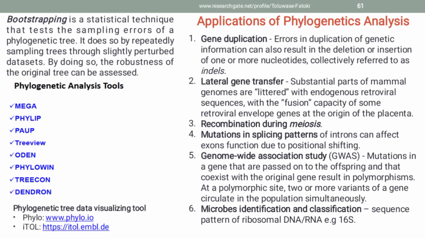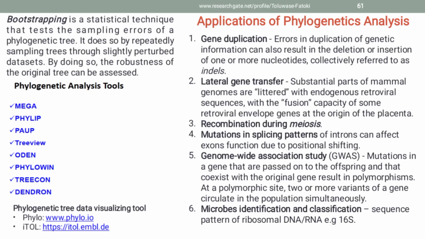Single nucleotide polymorphism is when you have a single nucleotide change in a particular gene, and that can be assessed by genome-wide association study (GWAS) by using the polygenic risk score, and then you use all the other genomic association studies to assess the single nucleotide polymorphism in that particular gene.